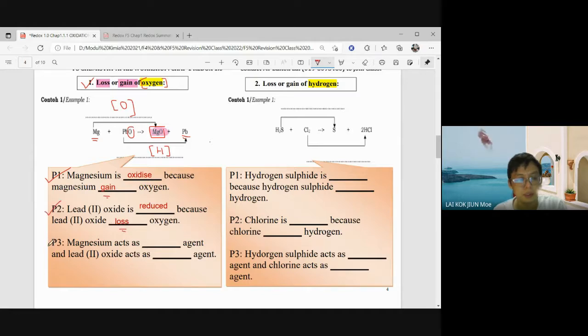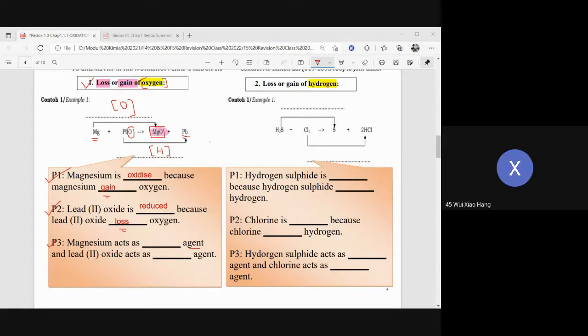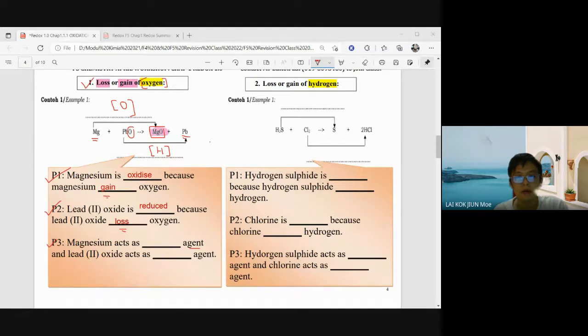And then the point 3, you will mention what is the role of the magnesium? Xiao Hang. Magnesium plays the roles as the what agent? It's a reducing agent. Good. You remember, when you are reducing agent, terbalik. Dia sendiri akan oxidize. But agent you tahu kan, kalau you insurance agent, you tolong orang beli insurance kan? You help other to buy the insurance kan? So, kalau dia reducing agent, dia tolong orang reduce.